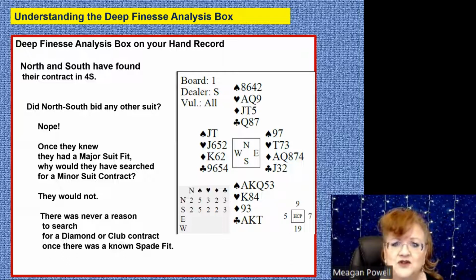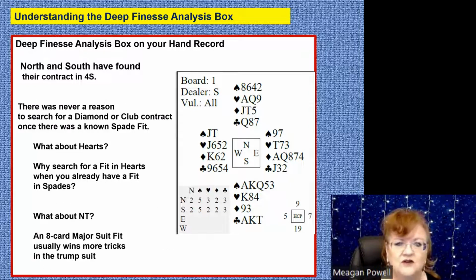Once you find a major suit fit, wham, it's like glue. That's where you're playing, right? So there was never a reason for North or South to attempt to search for a diamond or club contract, even though it says you can take 8 tricks in diamonds or 9 tricks in clubs.